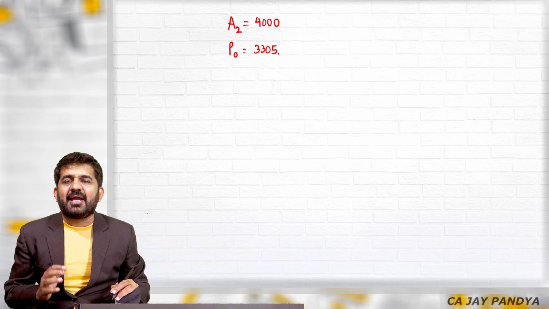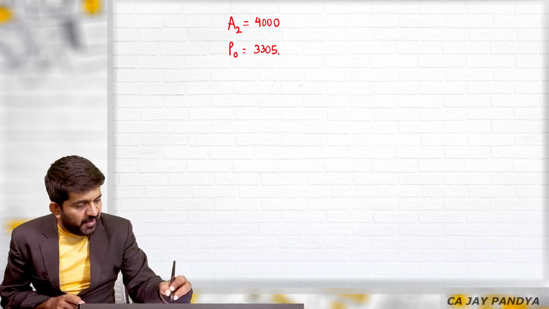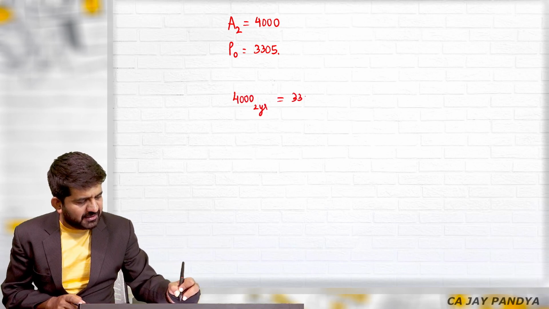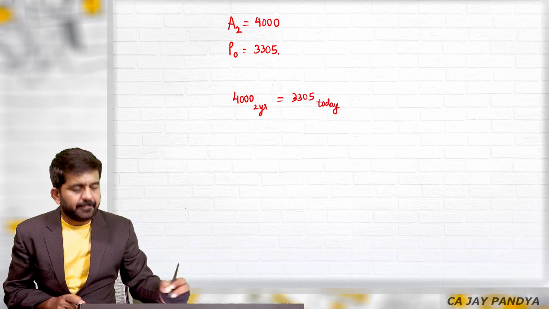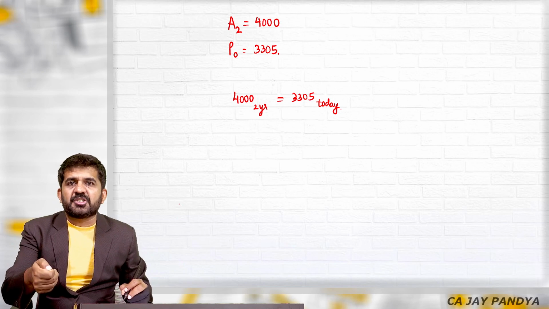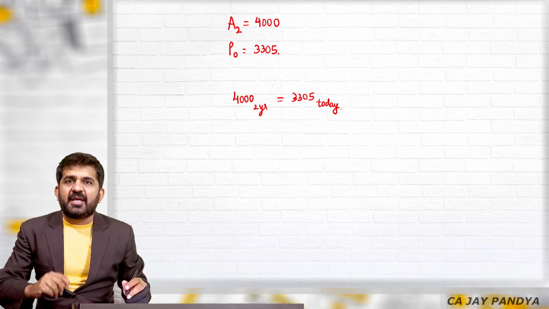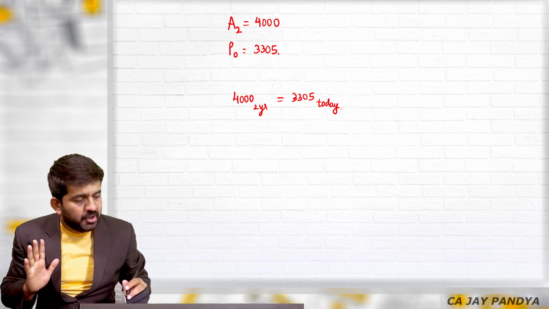Please understand, at 10% rate of return, value of 4,000 after 2 years is the same as 3,305 today. So what you can purchase at 3,305 rupees today, you will be able to purchase the same thing at 4,000 rupees after 2 years.